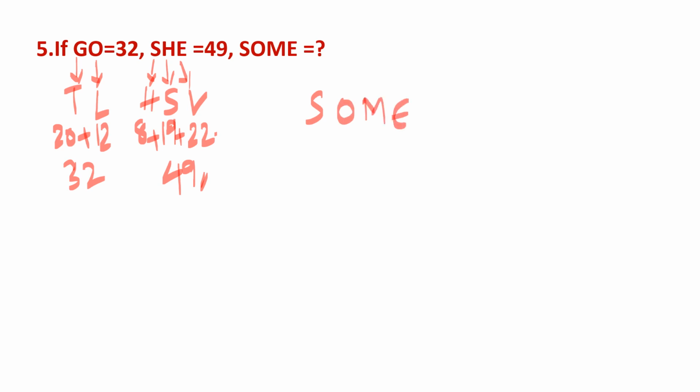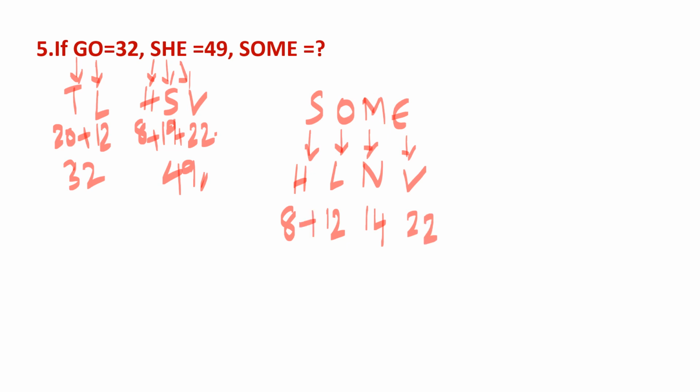Next sum is there, SOME. S opposite pair is H, O opposite pair is L, M opposite pair is N, E opposite pair is V. H is 8, L is 12, N is 14, V is 22.